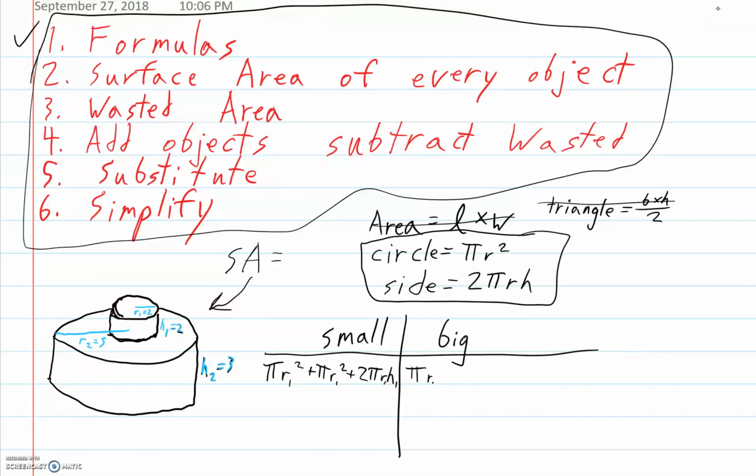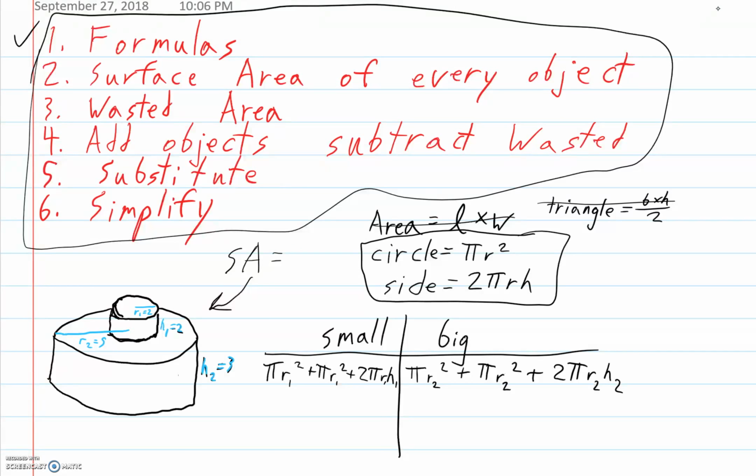So pi R2 squared plus pi R2 squared. This is the top and the bottom of the big one. And then 2 pi R2 H2. This is the side of the big one, the outside of the entire cylinder, all the way around it.